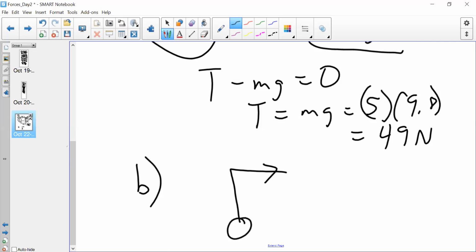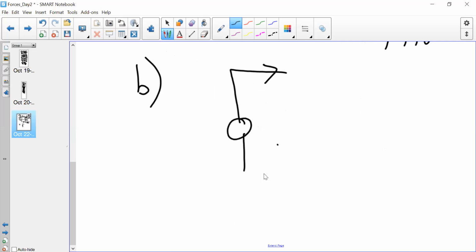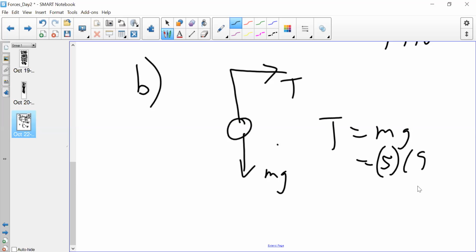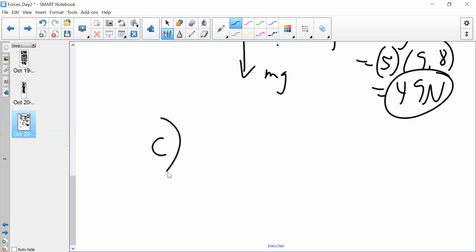And then same here, mg. That would just read 49. You guys see that? It's comfortable. That's pretty easy. That's equal and opposite. Yeah, equal opposite. T equals mg, 9.8. So that one's also 49. And then letter C. What about that one?